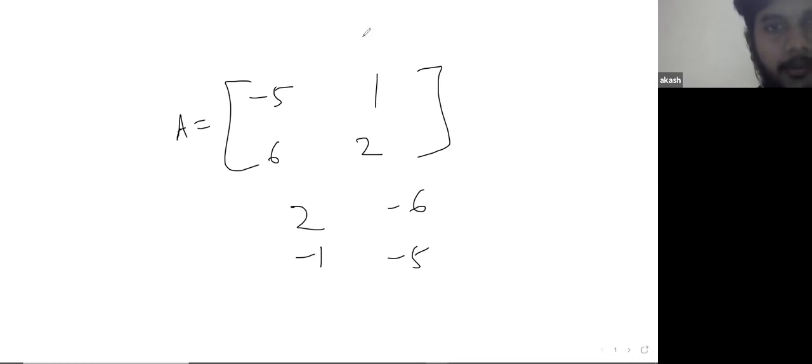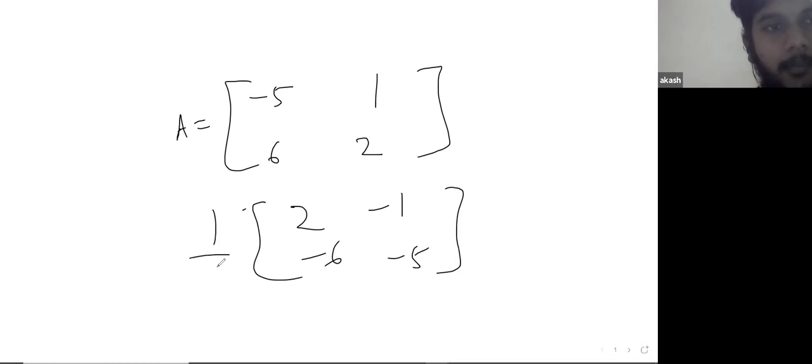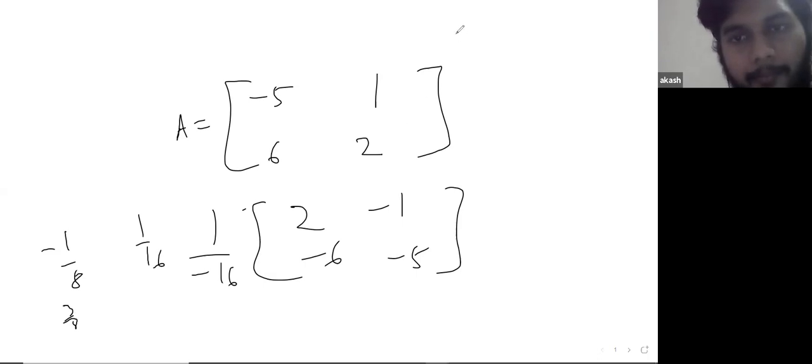Sorry, did I change this also? This is not changed, minus 6. This will be multiplied by 1 upon minus 16. So I think we are clear with the inverse of a 2 by 2 matrix.